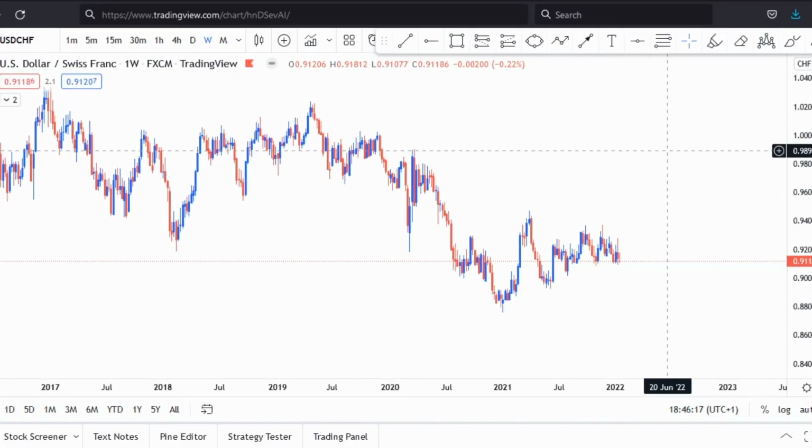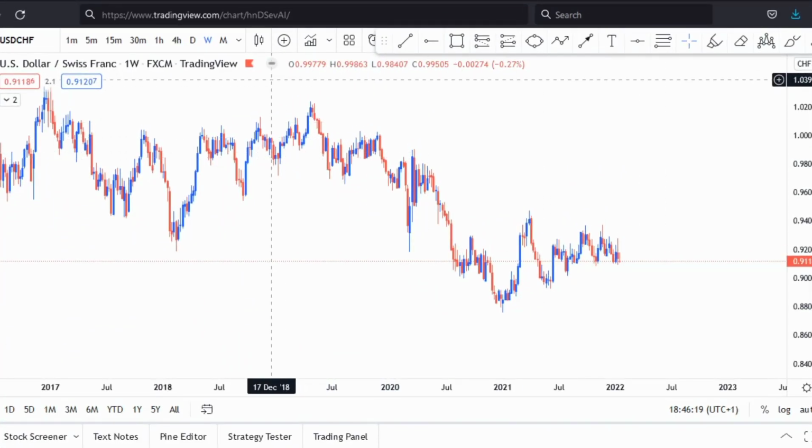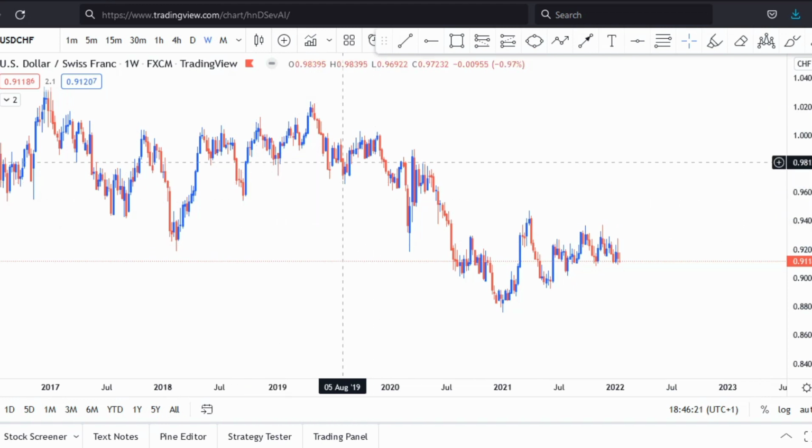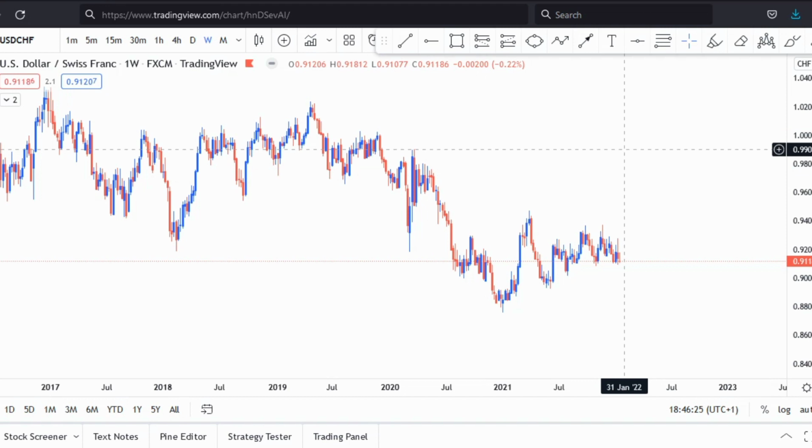So for USD Swiss franc, again, we'll be drawing our key areas from the weekly time frame down to the 4-hour time frame.